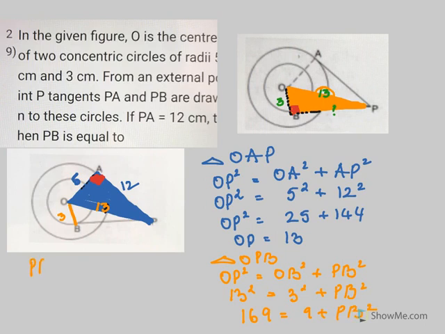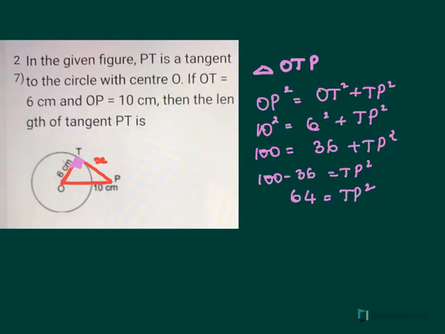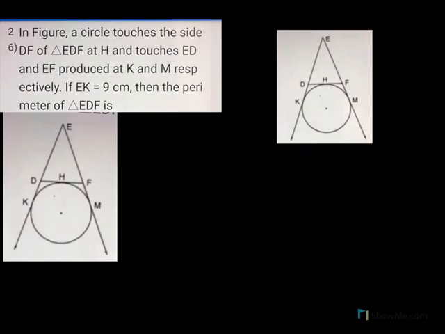So PB square will be 169 minus 9, PB square will be 160, and your PB will be under root of 160. When you simplify, you get 4 under root 10. So your TP equals 8, and that's done.